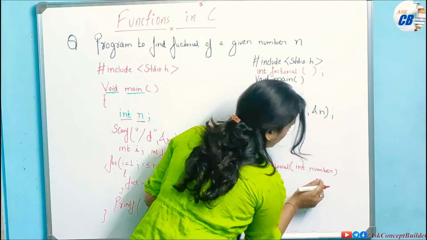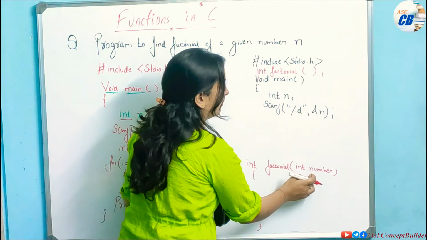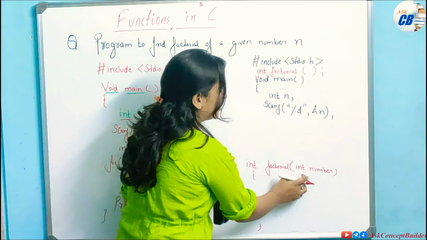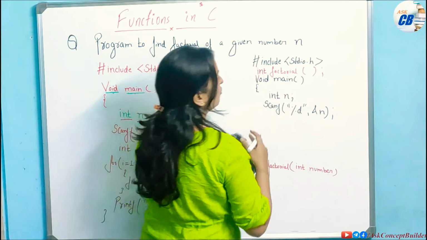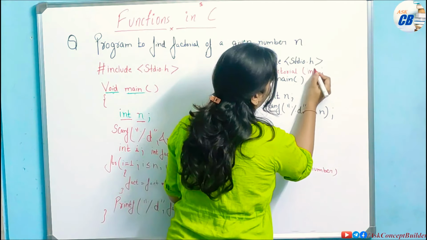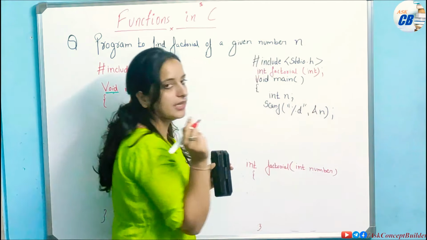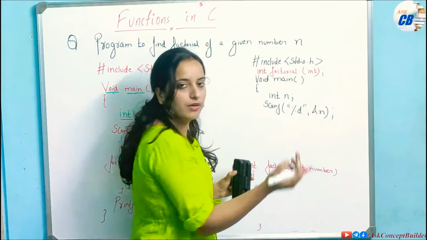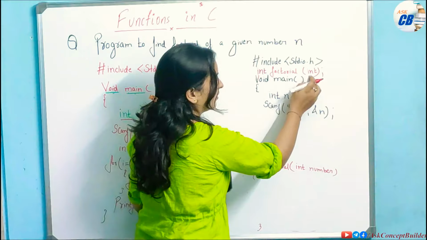This is called your parameter, and this parameter I will pass from the main function. If you have a parameter, you have to include its data type also while declaring. Because we have only one parameter, int number, I have included the data type int.